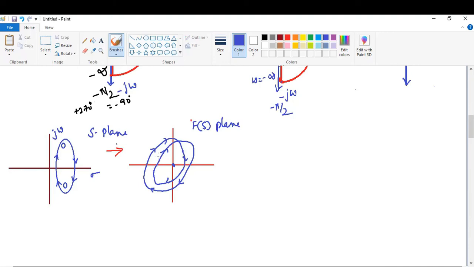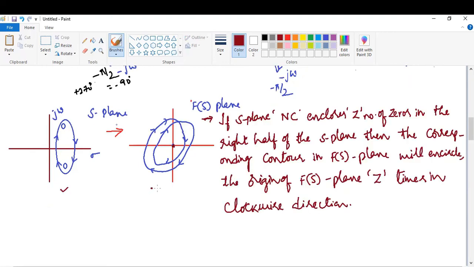So there are 6 points that we have to understand from these two figures. We can conclude that if the S-plane Nyquist contour encloses Z zeros in the right half of the S-plane, then the corresponding contour in the F(S) plane will encircle the origin Z times in clockwise direction.